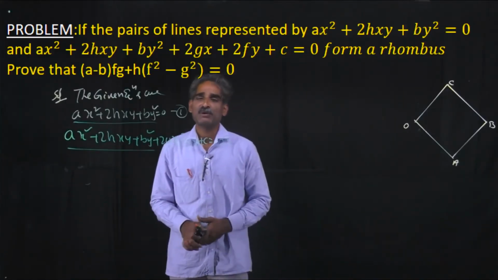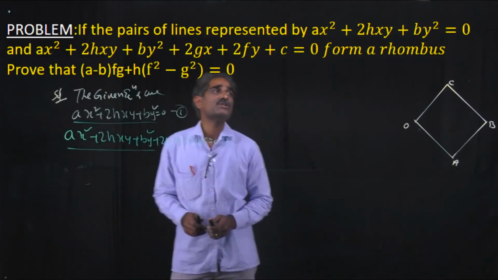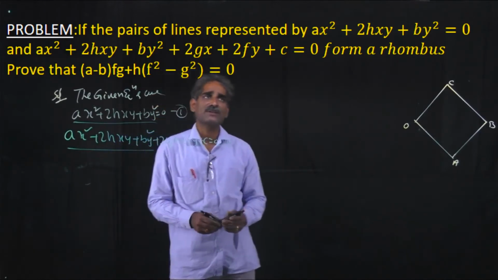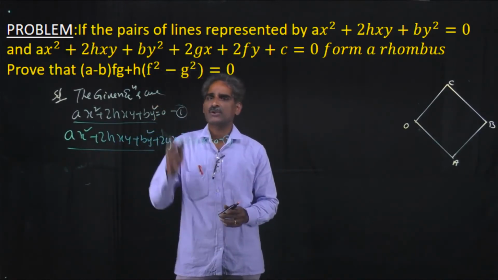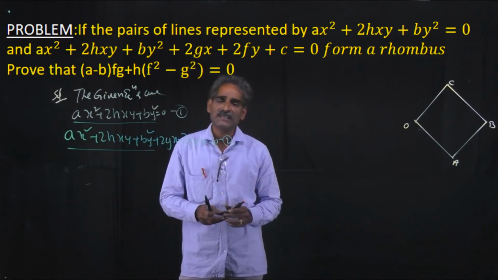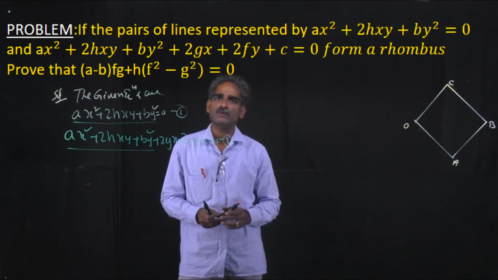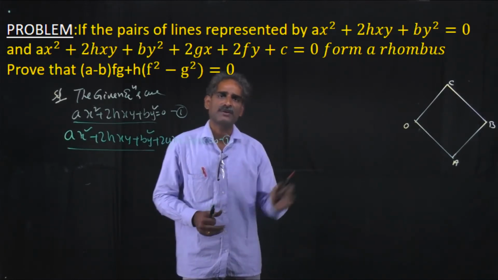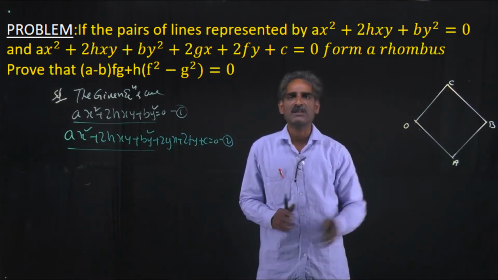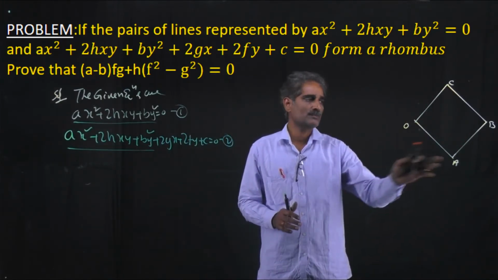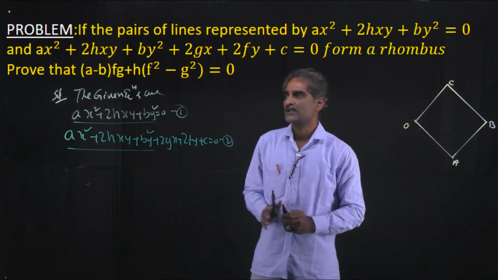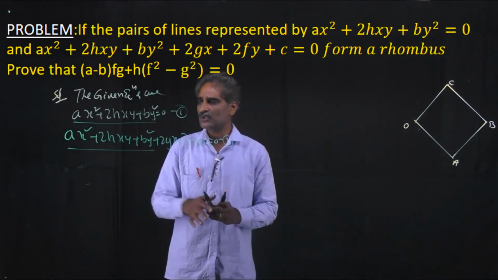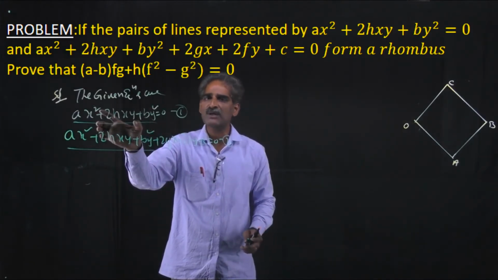See this problem: these two equations form a rhombus. If these two form a rhombus, show that (a minus b) into fg plus h into (f square minus g square) equal to 0. So draw a figure. OABC is a rhombus, with O, A, B, C as the vertices. The given equations, we know, represent two lines passing through the origin.